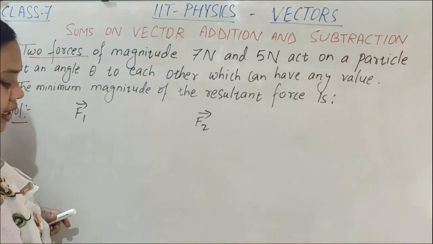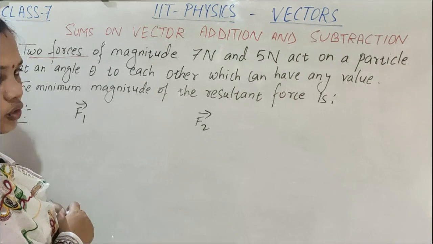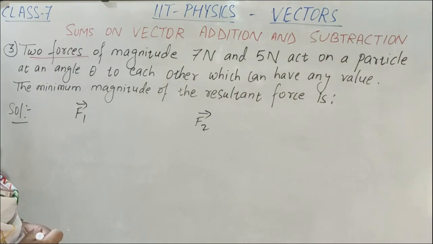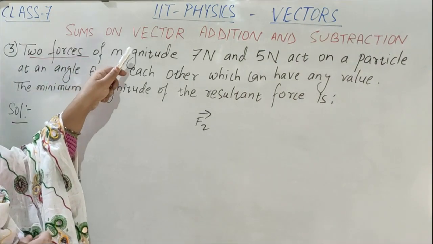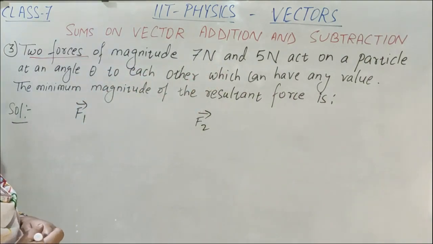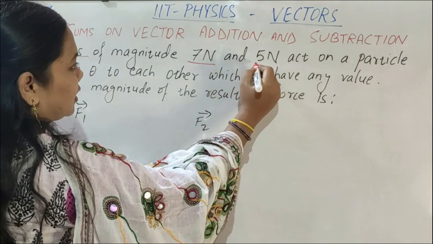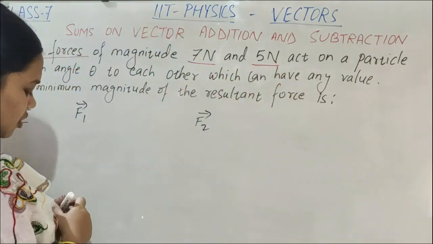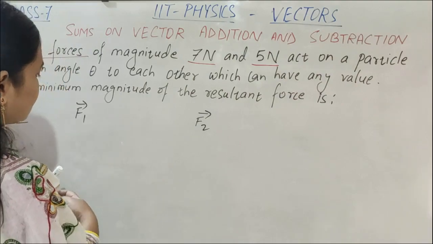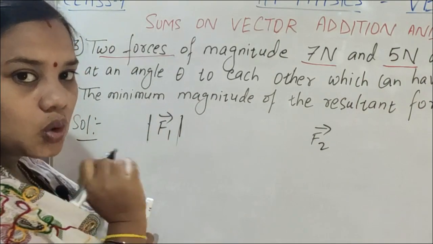So two forces are there, F1 vector, the first force, and F2 vector, the second force. What is the magnitude given? Two forces of magnitude 7 Newton and 5 Newton. The first force magnitude is 7 Newton, the second force 5 Newton. Magnitude means under mode.